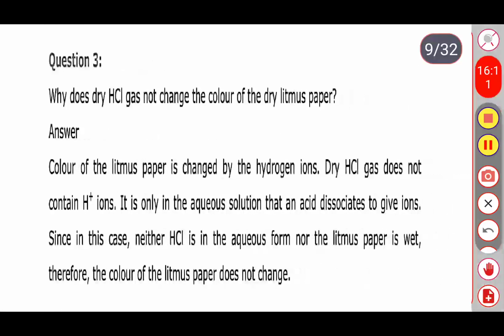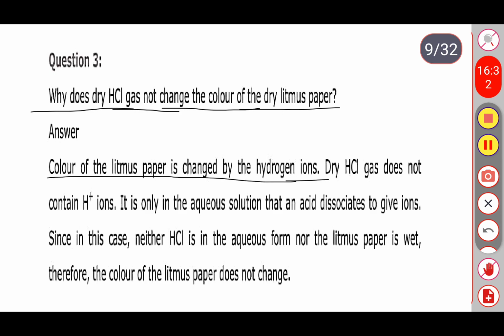Why does dry HCl gas not change the color of dry litmus paper? The color of the litmus paper is changed by the hydrogen ion. Dry HCl does not contain hydrogen ions.